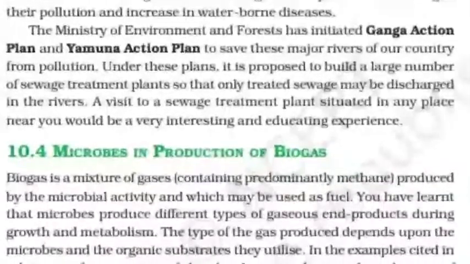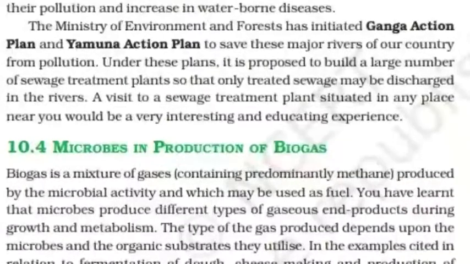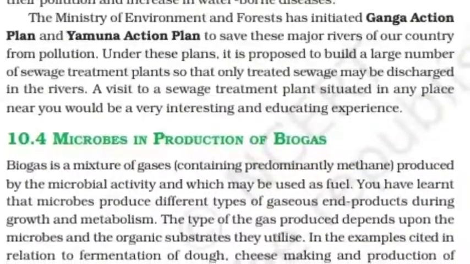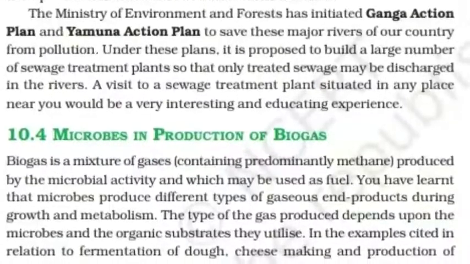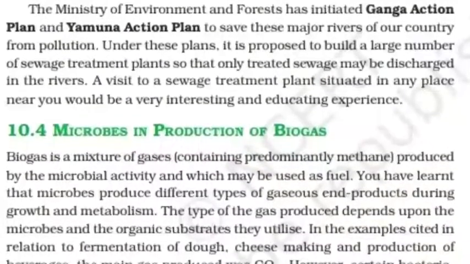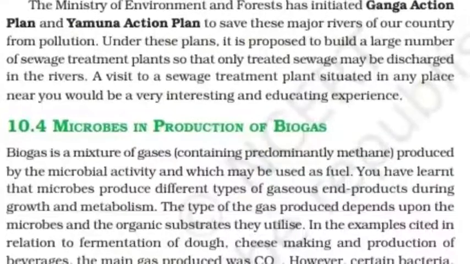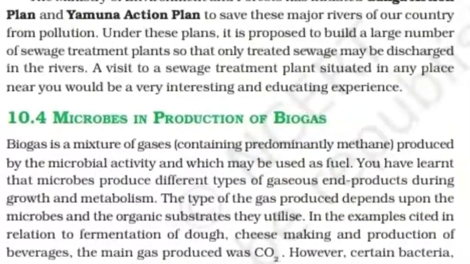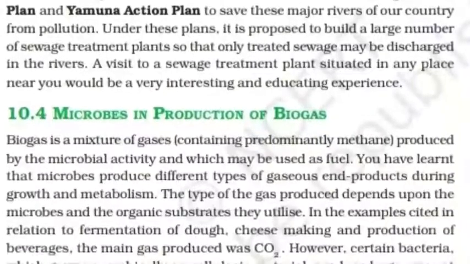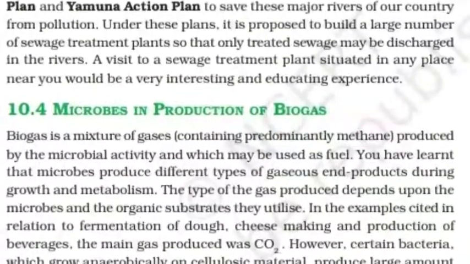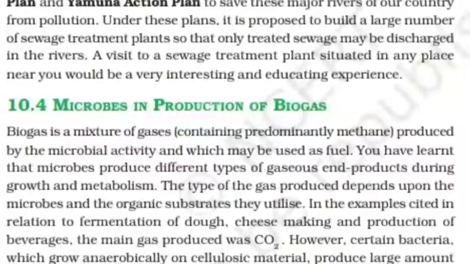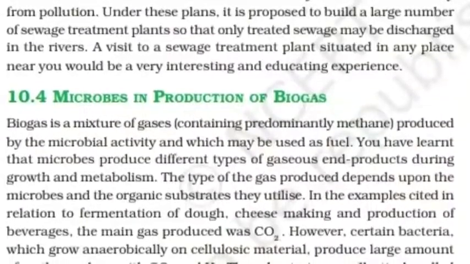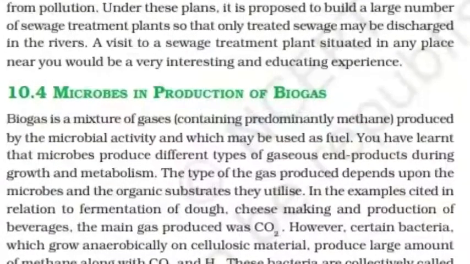The Ministry of Environment and Forest has initiated the Ganga Action Plan and Jamuna Action Plan to save these major rivers of our country from pollution. Under this plan, it is proposed to build a large number of sewage treatment plants so that only treated sewage may be discharged in the river. A visit to a sewage treatment plant situated near you would be a very interesting and educating experience.